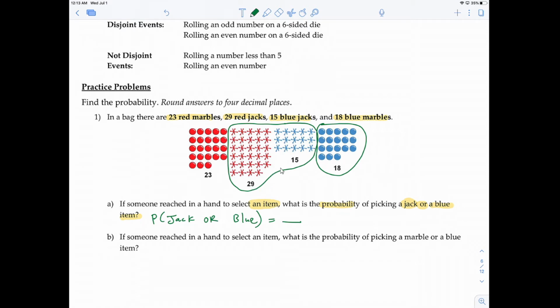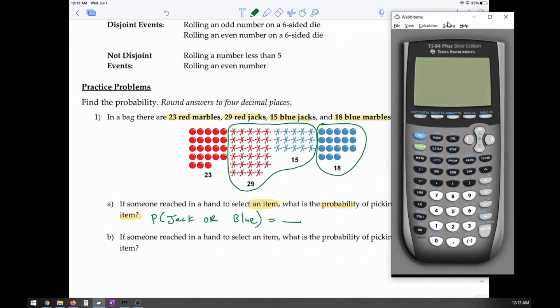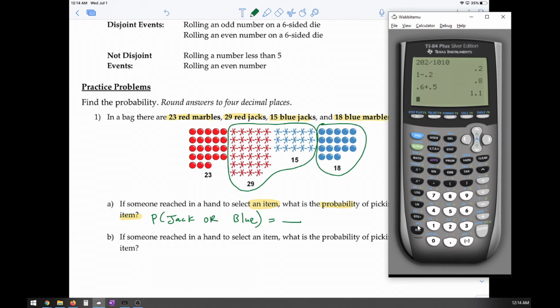So that's going to be 29 plus 15, which are the jacks or blue. We're not going to double count these because we already counted them, so we're only going to include these 18 blue marbles. So in our numerator, we would get 29 plus 15 plus 18, which would be 62. That's how many different ways we can select a jack or a blue.